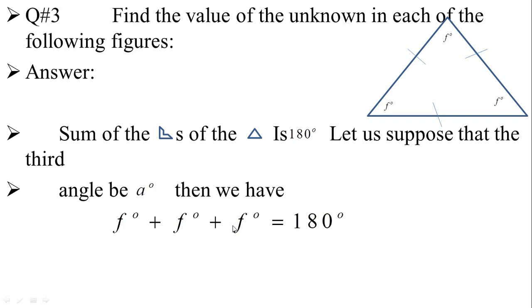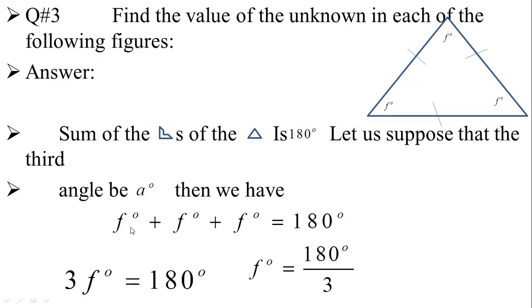Now we add 1 plus 1 plus 1 is equal to 3. So we can write that 3f degrees is equal to 180 degrees. Now f degrees is equal to 180 divided by 3. The final answer of f degrees is equal to 60 degrees. So each angle in this diagram is 60 degrees.